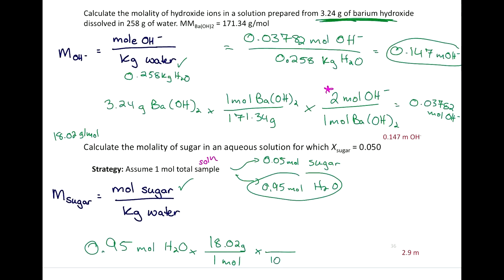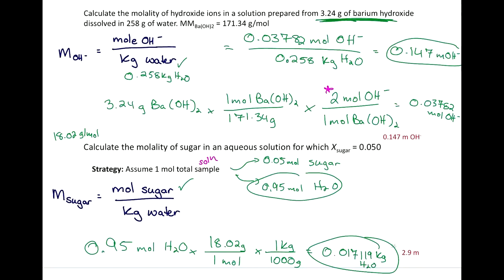And then go ahead and convert that into kilograms. And we get that this sample has 0.017119 kilograms of water present, where we took the mole amount of water, converted it to grams using molar mass, and then kilograms. And so this number is going to go into our molality calculation, but this time it's going to go in the denominator.